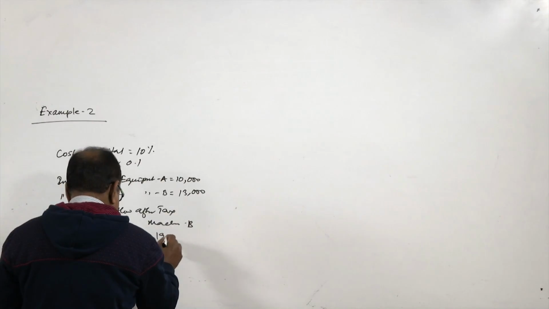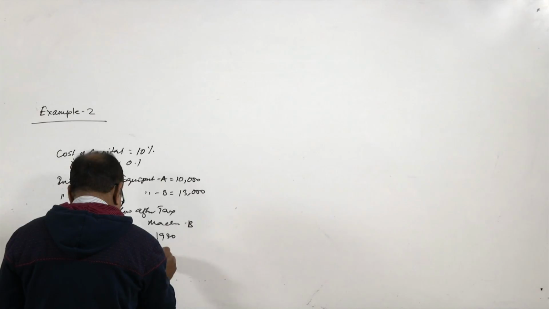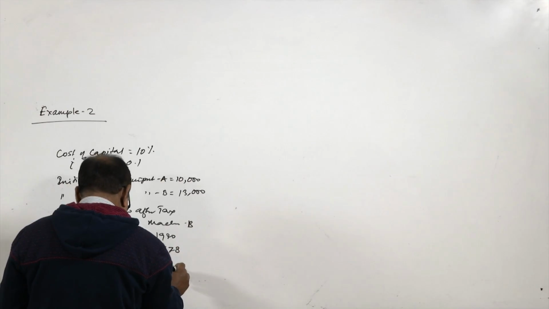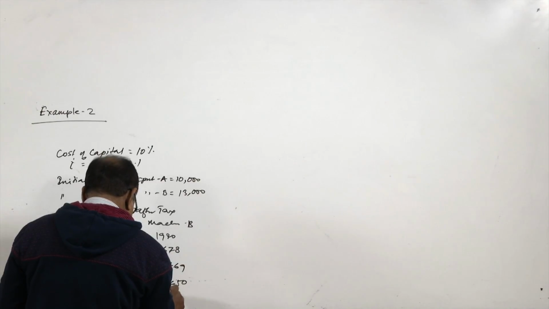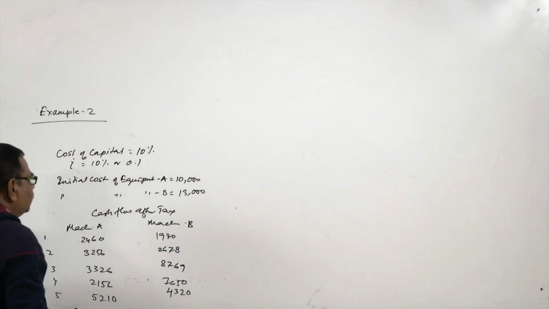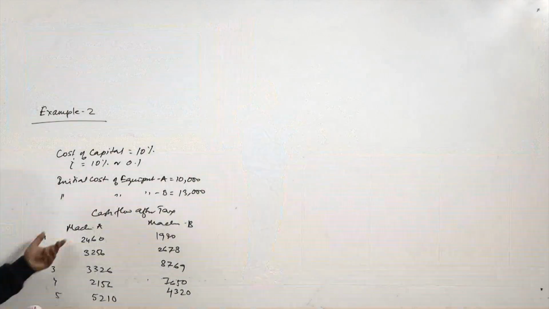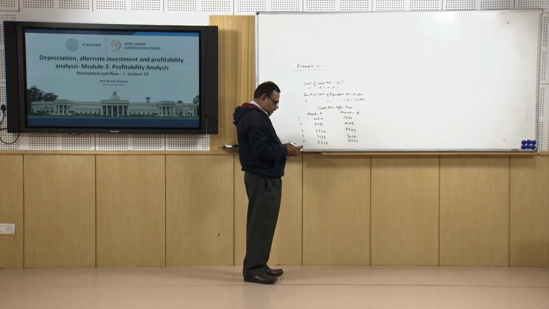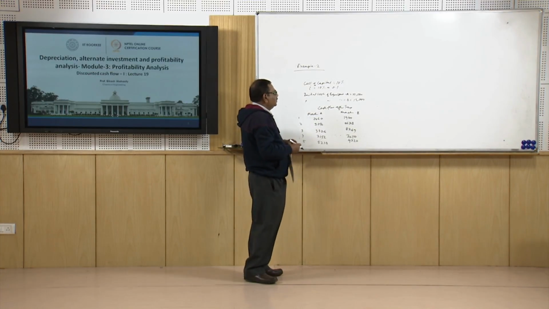For machine B: 1980, 2678, 8769, 7650, 4320. So obviously, these cash flows are at different timelines and have to be brought to timeline 0.